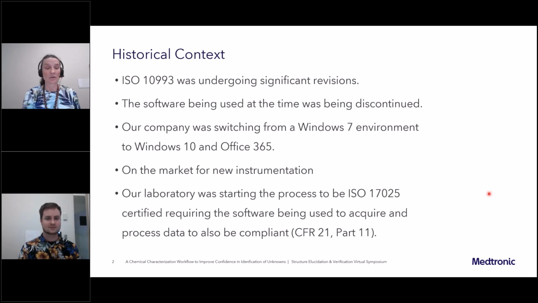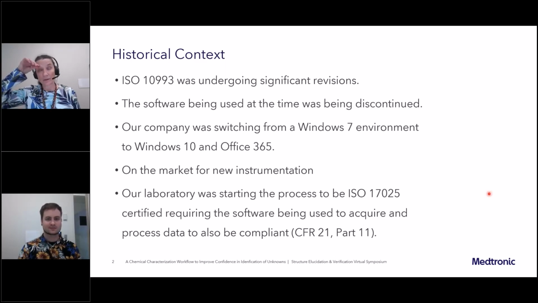Our company was also at this time switching from a Windows 7 environment to Windows 10 and Office 365. We started to look for new instrumentation, and our laboratory was starting the process to be ISO 17025 certified. One of those requirements was that the software being used to acquire also needs to be compliant, means traceable, versioning, audit trail, all of those things that are associated with CFR21 Part 11.